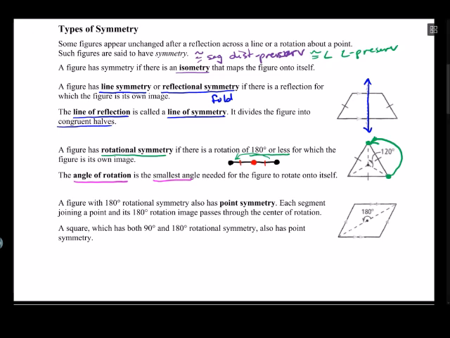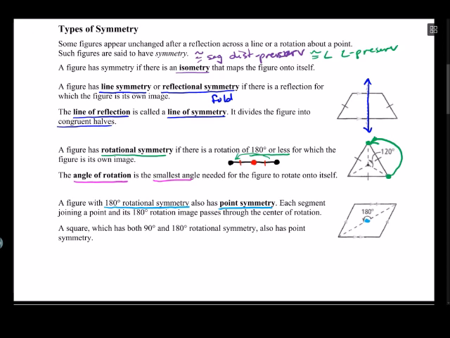Kind of an interesting point to note is a figure with 180 degree rotational symmetry also has point symmetry. That means that each segment gets rotated 180 degrees about the center of rotation, which is right here.